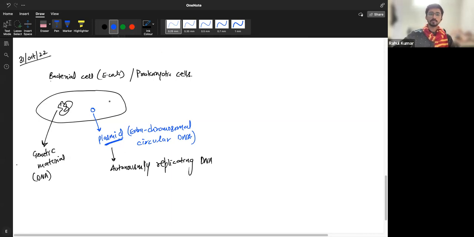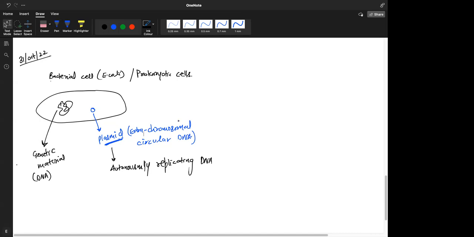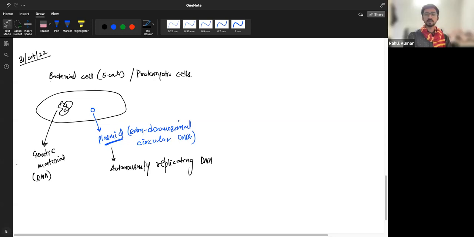Now you're going to hear the word plasmid a lot, so just remember this. Is plasmid clear? Yes, sir. It is not an organelle. It is not bound by any membrane, it is not the DNA of mitochondria or chloroplast or anything like that. It is just naked circular DNA.